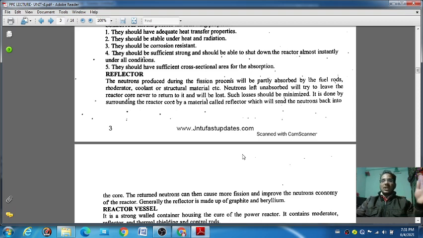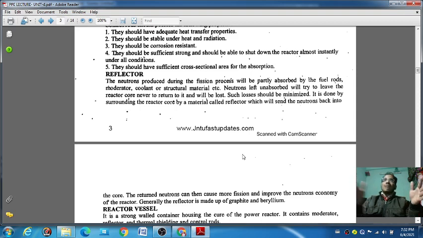Sometimes this is done by surrounding the reactor core with a material called a reflector. What we are saying is that inside a nuclear reactor, neutrons are produced.